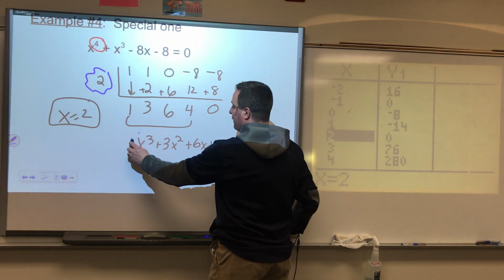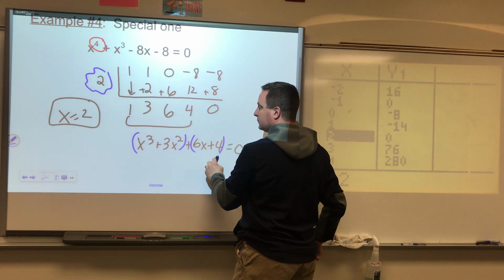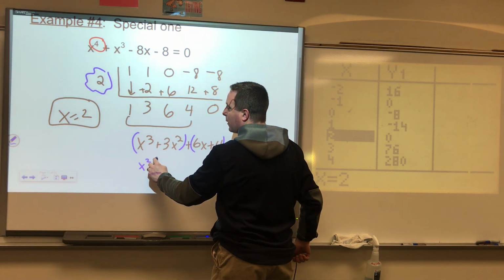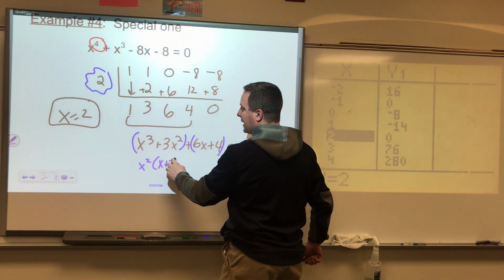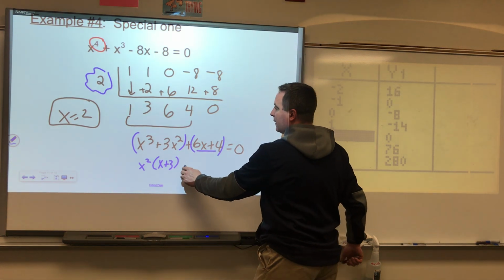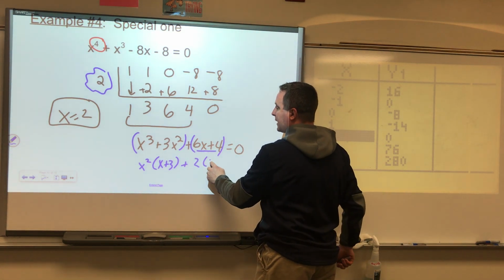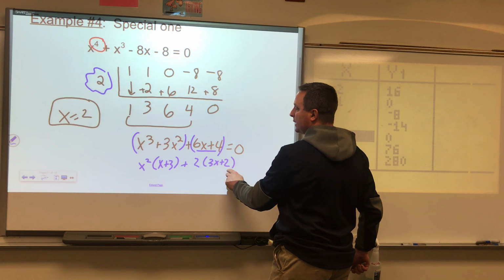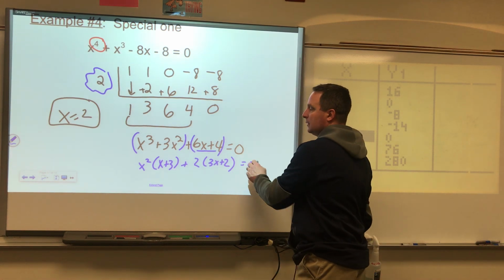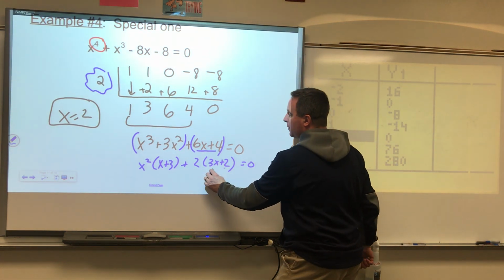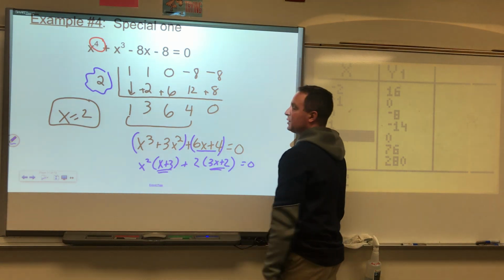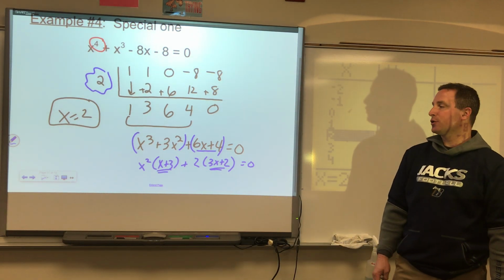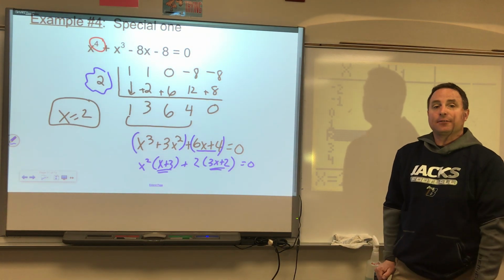If I group these, I can take an x squared out again, and I get x plus 3. This one I can take a 2 out, and I get 3x plus 2, and now I run into a problem. I run into a problem because those two expressions are not the same, and when we do grouping, they usually have to be the same.